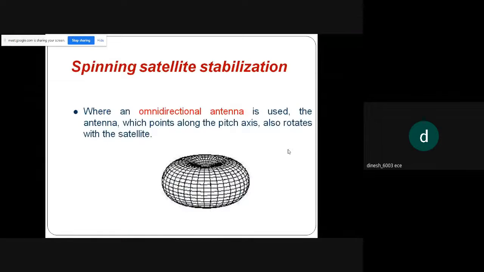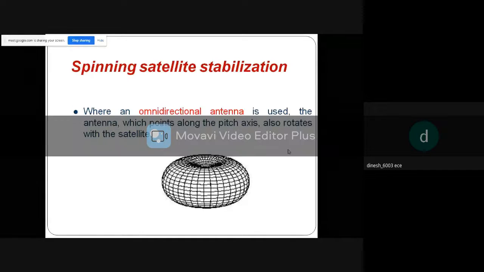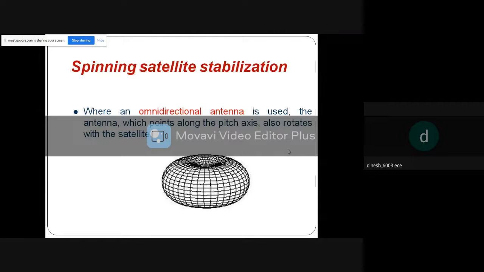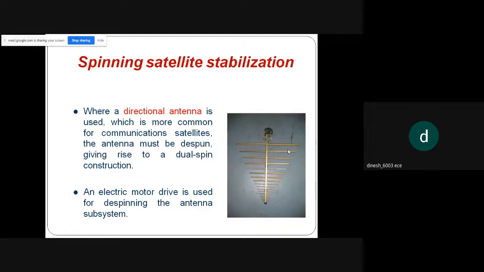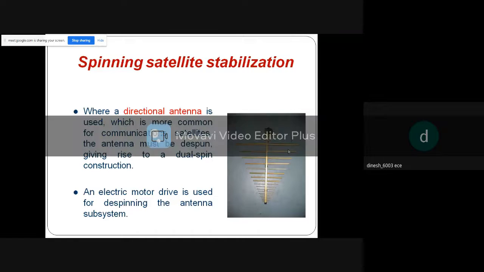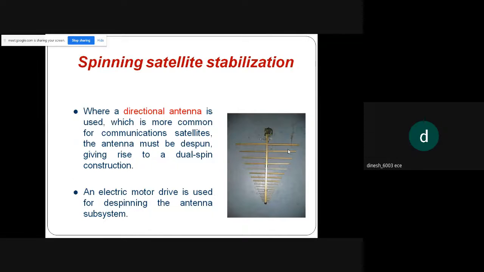This is an example where an omnidirectional antenna is used. The antenna points along the pitch axis and also rotates with the satellite. Here is another example of spinning satellite stabilization where a directional antenna is used, which is more common for communication satellites.